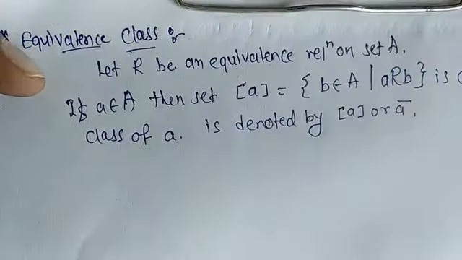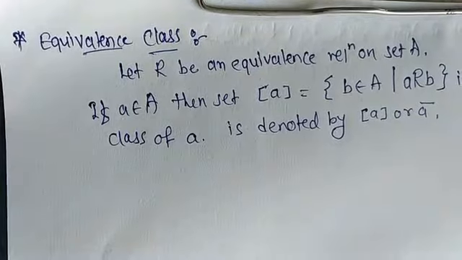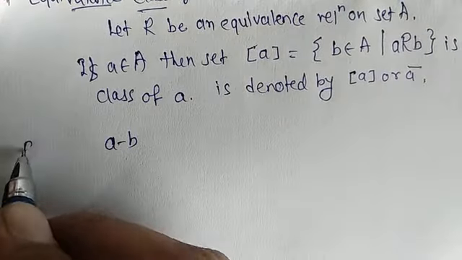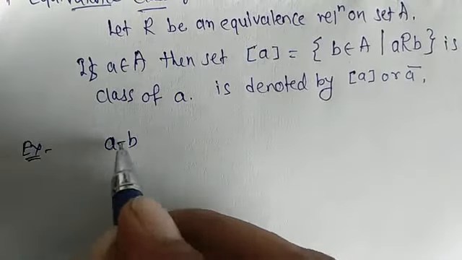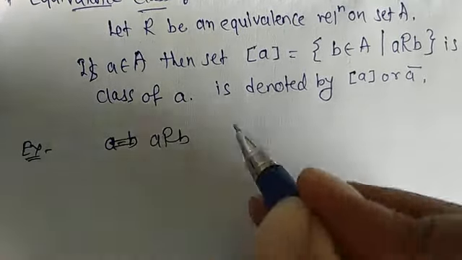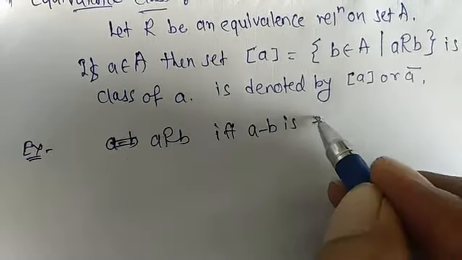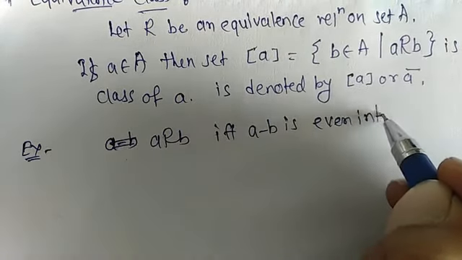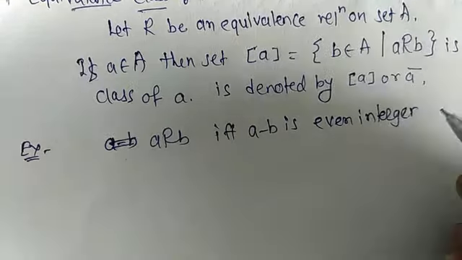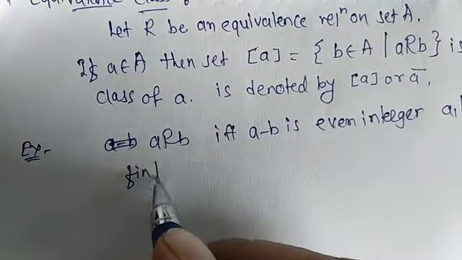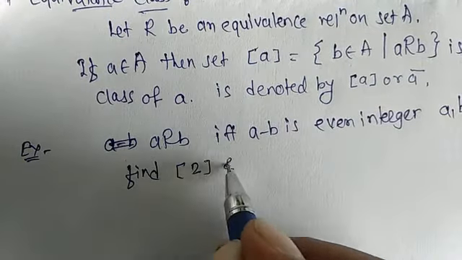Okay. Now here, a is related to b if and only if a minus b is an even integer, and a, b belong to Z, and we have to find the equivalence class of 2 and 3.